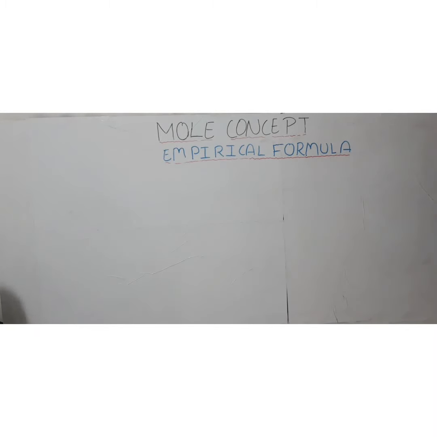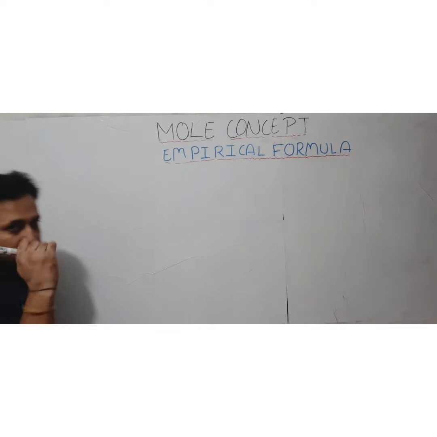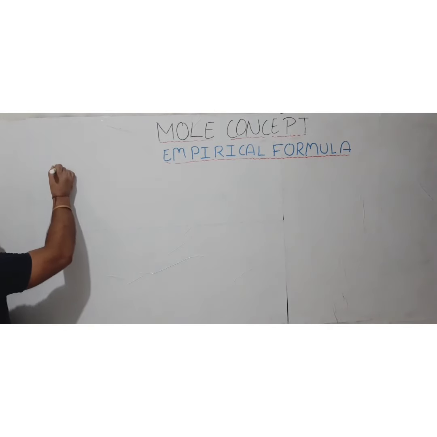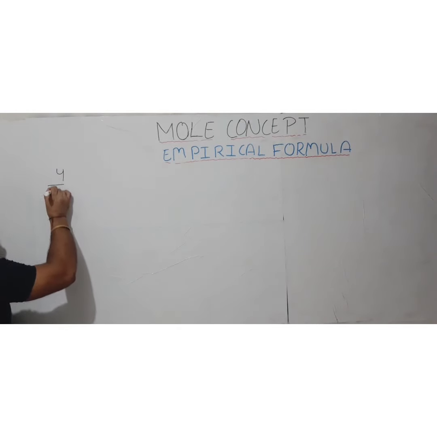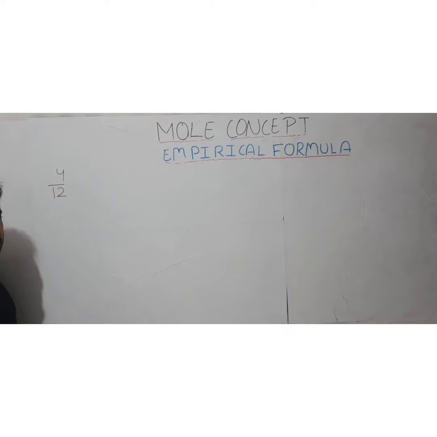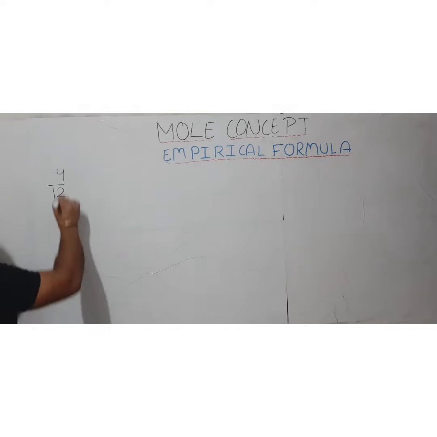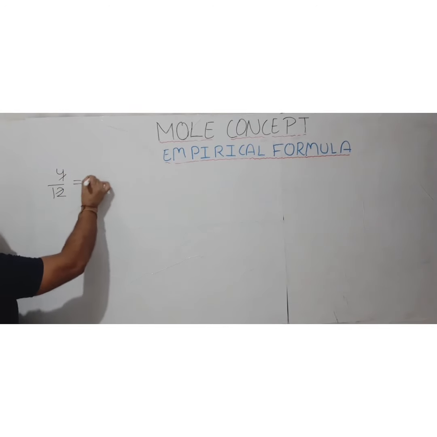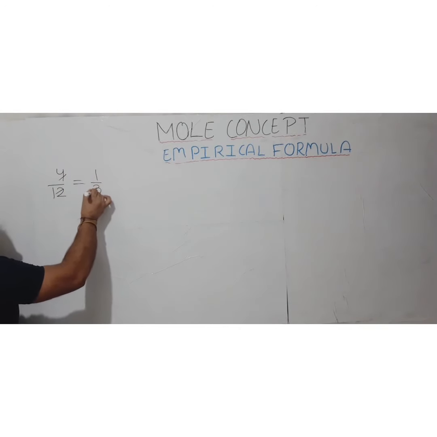Suppose I give you a fraction, 4 divided by 12, and ask you to simplify it. You will cancel the ratio and the answer will be 1 by 3.